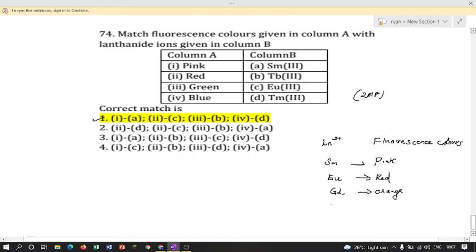Then Tb, green in color. Dy, greenish yellow. Ho, yellow in color.